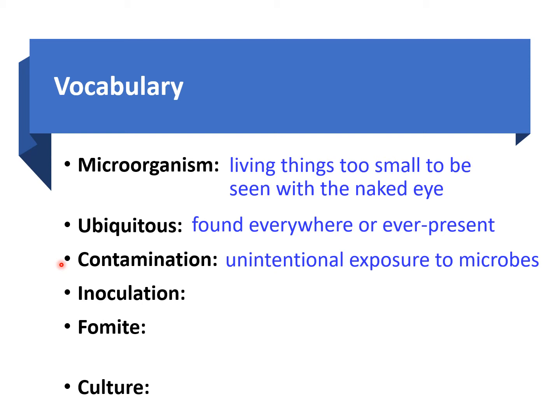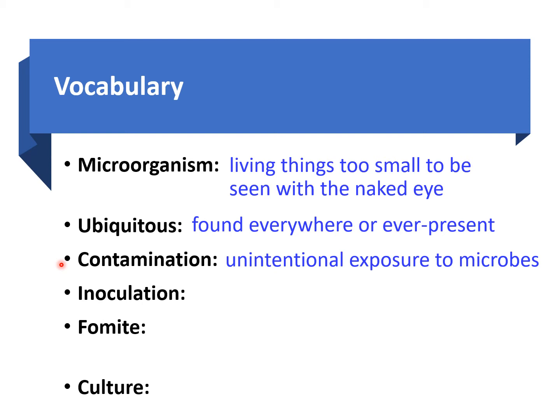Because if they are not sterile, remember how I said bacteria are found everywhere? So if your utensils are not sterile, guess what? They're going to have bacteria on them. And so when you use these utensils, you're going to unintentionally contaminate your sample, and guess what?